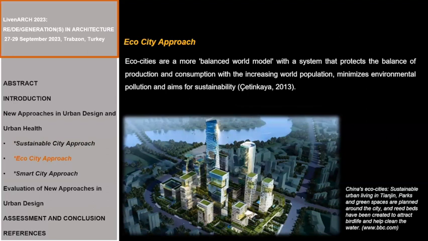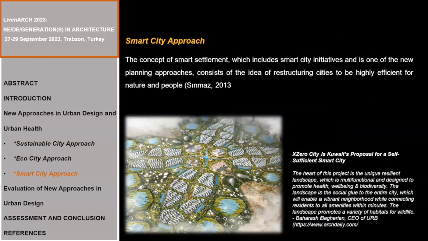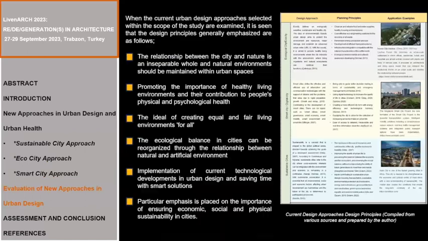Eco-cities are a more balanced work model with a system that protects the balance of production and consumption with the increasing work population, minimizes environmental pollution, and aims for sustainability. The concept of smart settlement, which includes smart city initiation and is one of the new planning approaches, consists of the idea of restructuring cities to be highly efficient for nature and people.